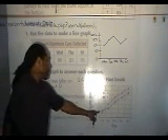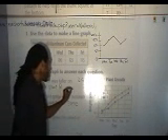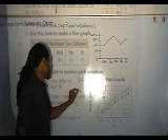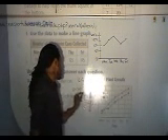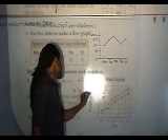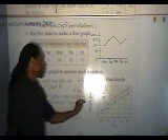Okay. Plant B was at 0.75, and it grew to 2.75. So that means it grew about 2 inches. So which one grew the most? Plant A.